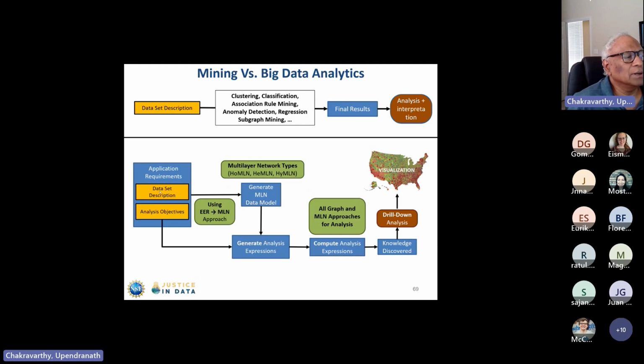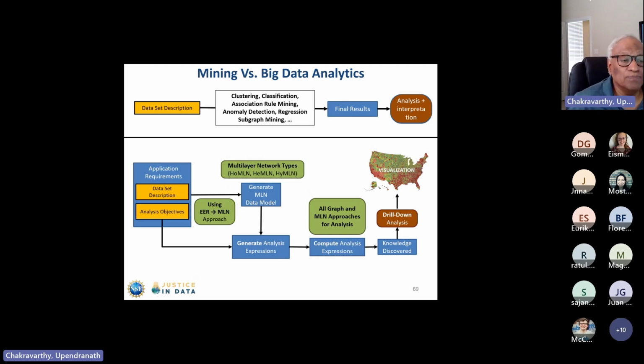You may have a set of data description, and then you may have a bunch of analysis objectives, and you may want to convert this data into a model. It can be any of the models shown here because we are working on this one. And then you have to generate various analysis expressions, which may be one of the mining things.